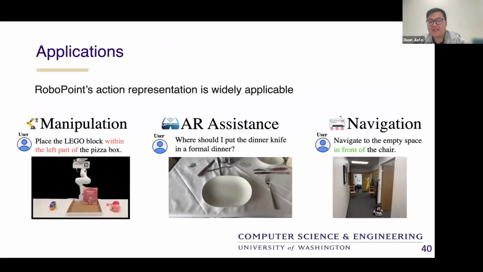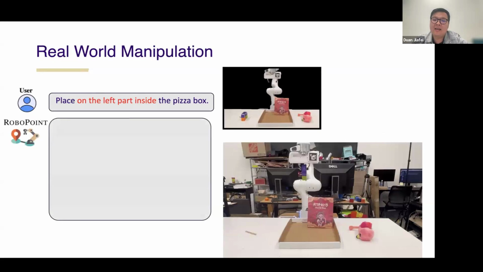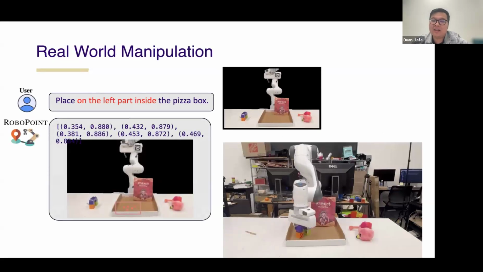And the application for this is really tremendous. There are a lot of applications, right? We can't show every application right now, but we show three more prominent applications that you could use RoboPoint for. In manipulation, I think we have demonstrated just now, it allows you to do free space reasoning and affordance prediction. So in this case, the instruction is to put the object on the left part inside the pizza box.